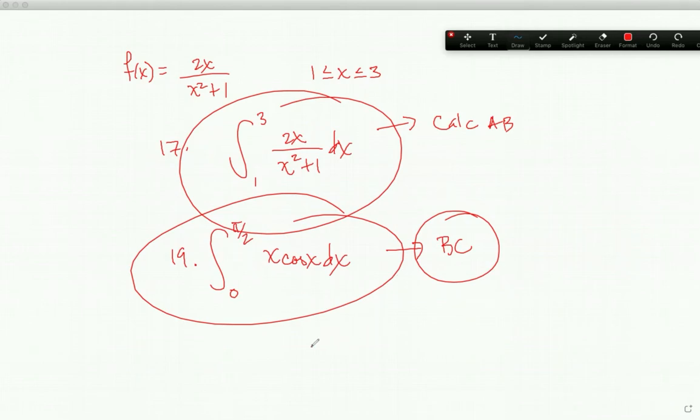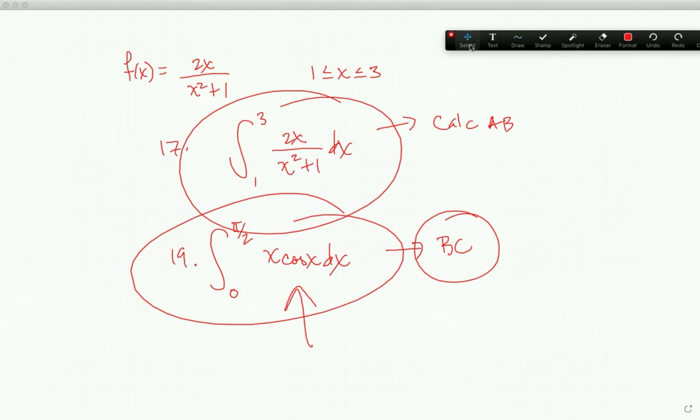You could do this using a calculator or whatnot. So maybe there's a little bit of calculator skills we could talk about in the future. But for now, this is good. Have you learned about U substitution? I feel like I've heard that before, but I'm not sure. Okay, no worries. The reason you're able to do the first one, 17, is a technique called U substitution.